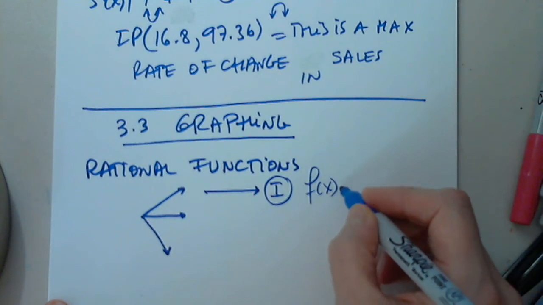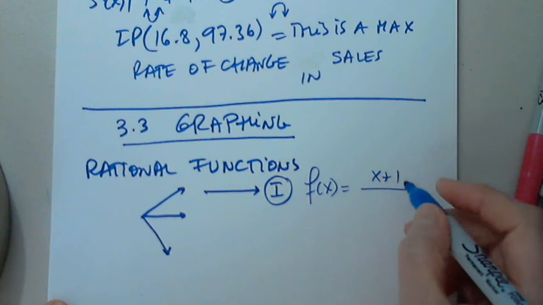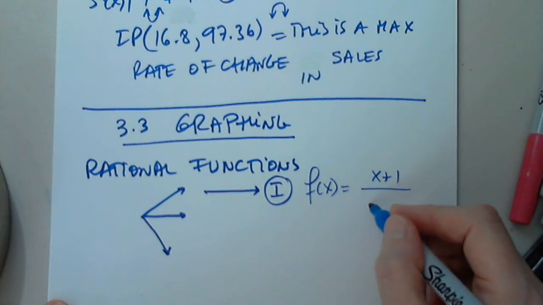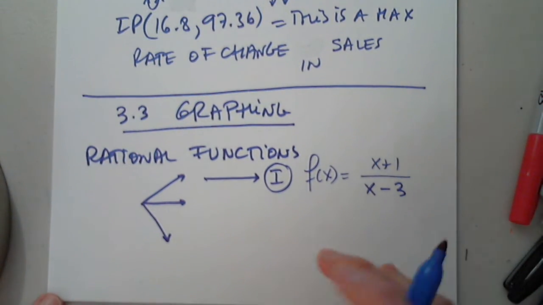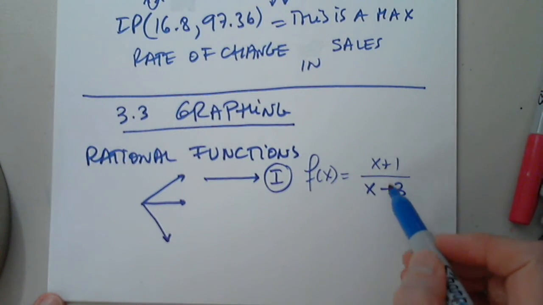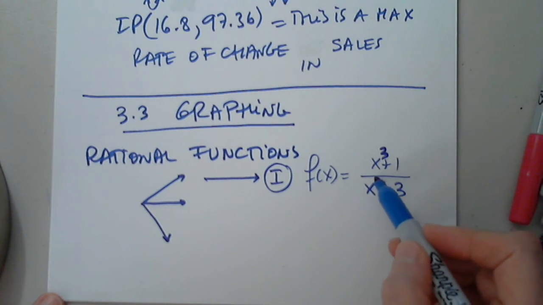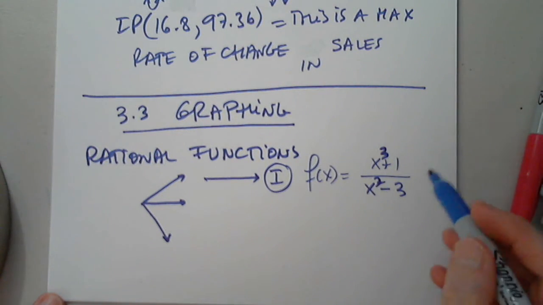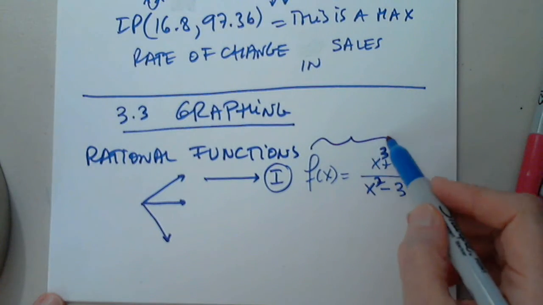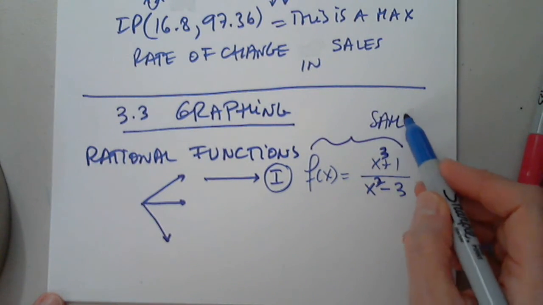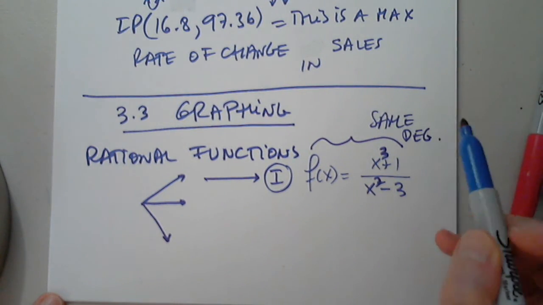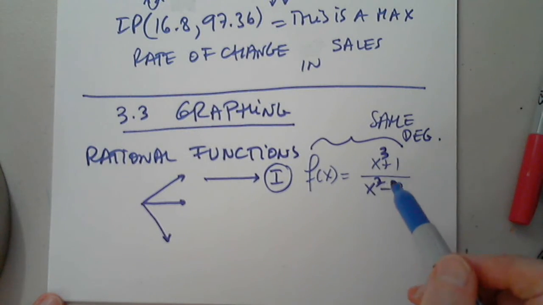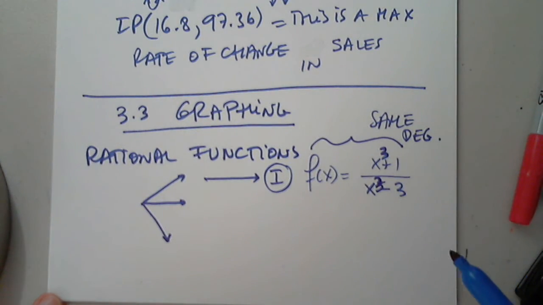It is a situation in which the degrees are the same. It could be 2, it could be 3, it could be 1 and 1, but same degree. So this is type 1, same degree. Numerator and denominator have same degree.